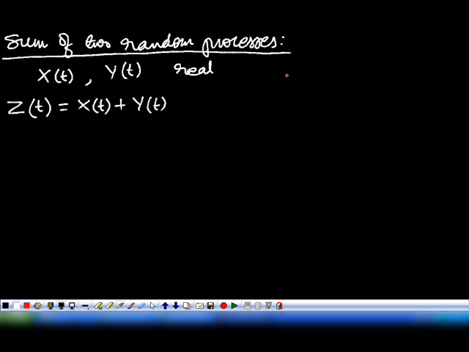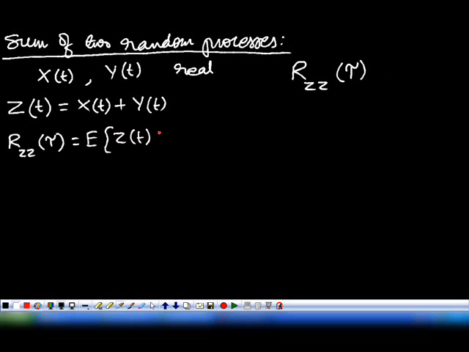Here we try to evaluate the autocorrelation of the random process z of t. So this Rzz of tau can be written as the expectation of z of t and z of t plus tau.